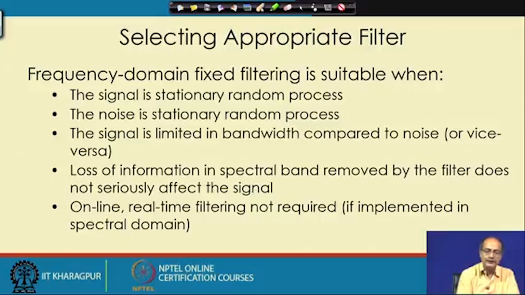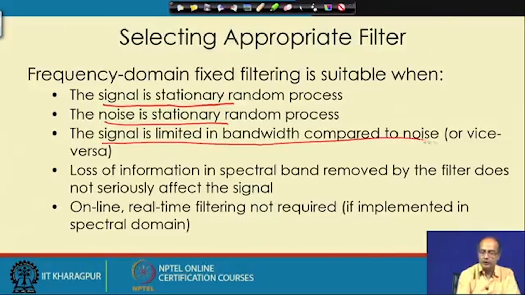Again in this case, the signal should be a stationary random process, the noise should be a stationary random process, and the signal is limited within a bandwidth compared to the noise. That means there should be a separation of the bandwidth between the signal and the noise.